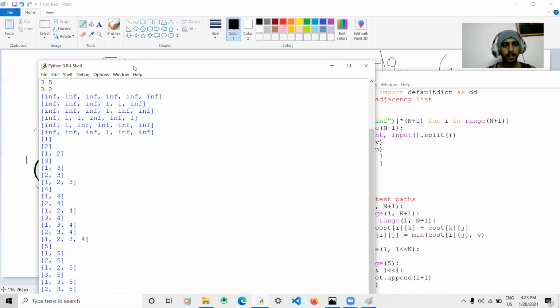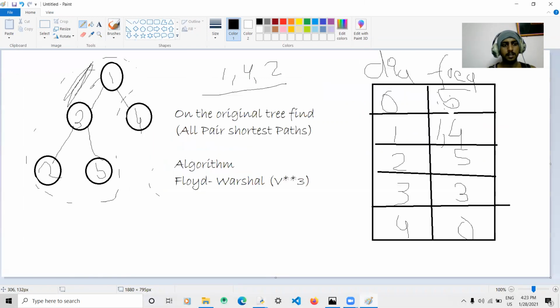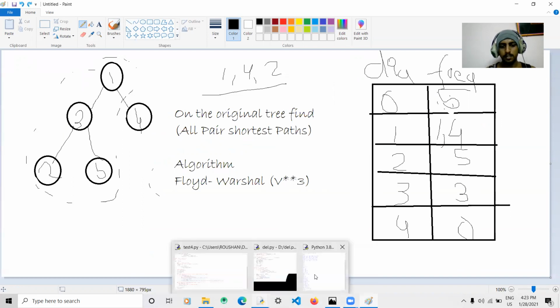So the minimum possible distance between 1 and 3 is 1, which is what Floyd Warshall does.